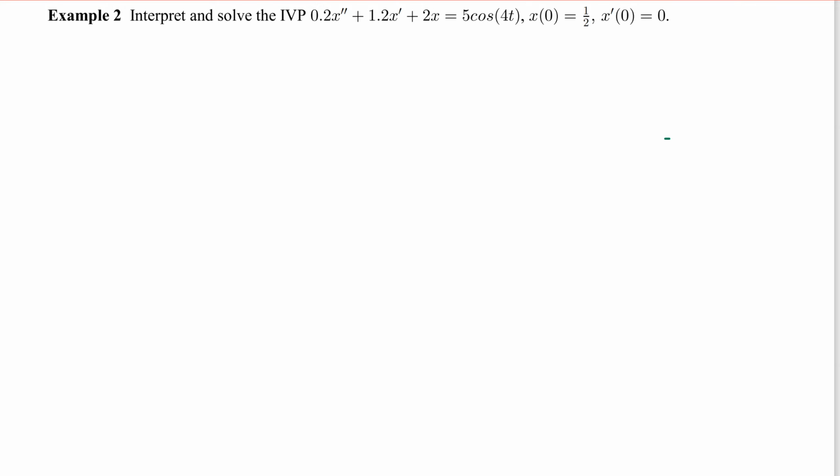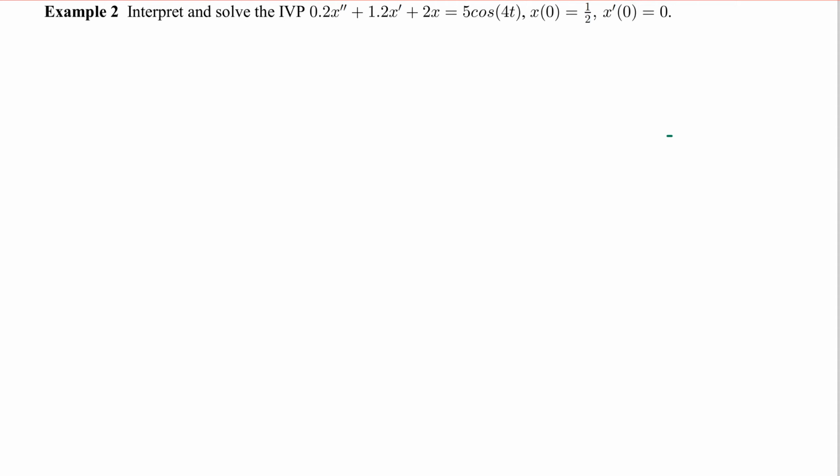So to solve this differential equation, we're going to start on step 1, and let's find our x sub c term. That is, we're going to solve the corresponding differential equation 0.2 x double prime plus 1.2 x prime plus 2x equals 0.